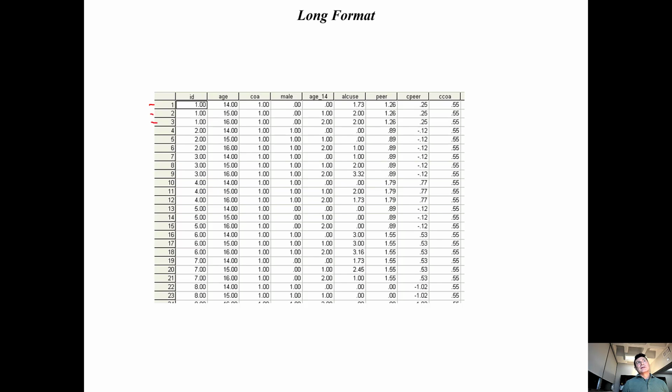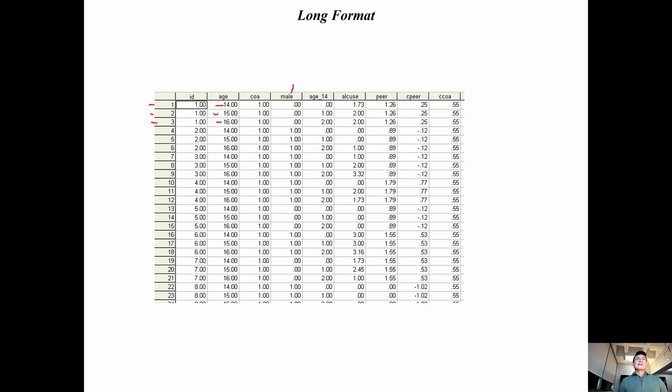So we can see this person 1 is measured at age 14, 15, and 16. So it has 3 different rows for those 3 time points that this person is measured. Notice some other things about this data set where gender is measured in a binary format. So it's just got a male, and you're either not male or you are male, so it's a binary variable.